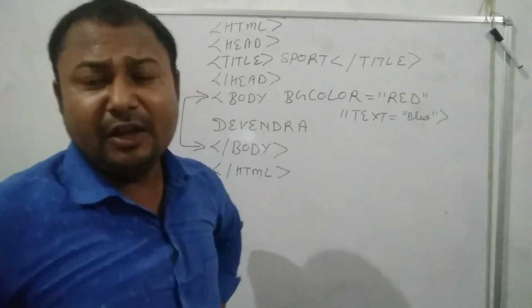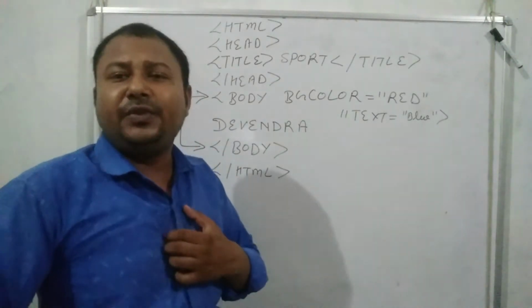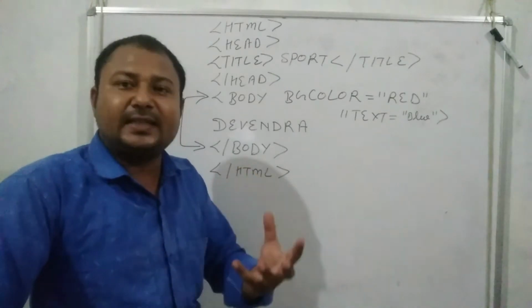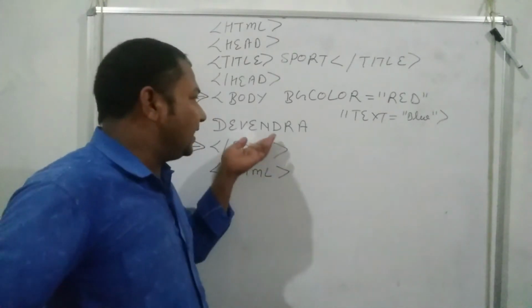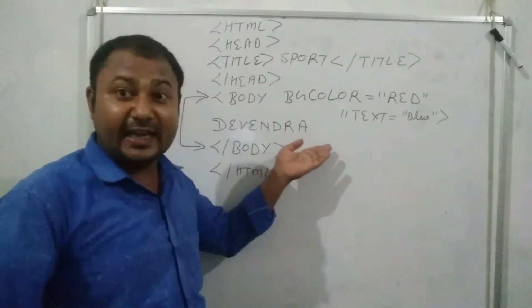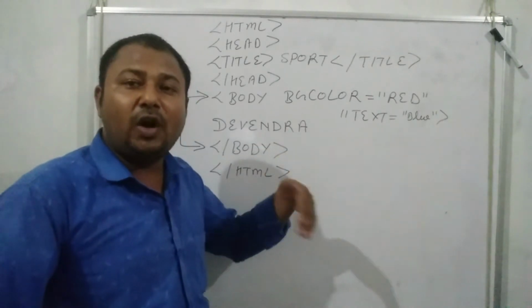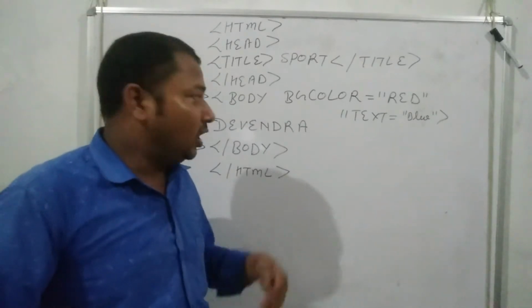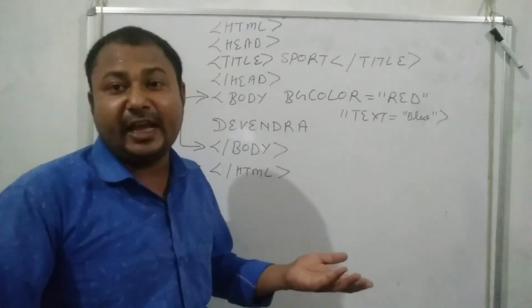And now we want to change the style of the text, like underline, italic, bold. So what kind of code do we have to use?